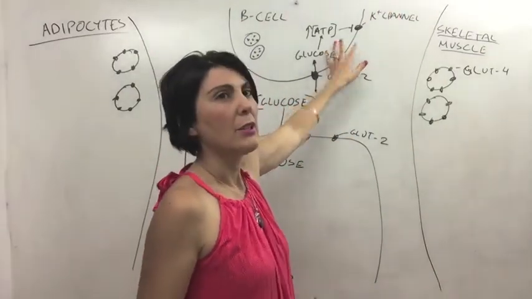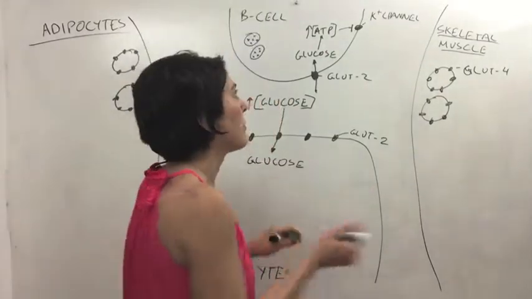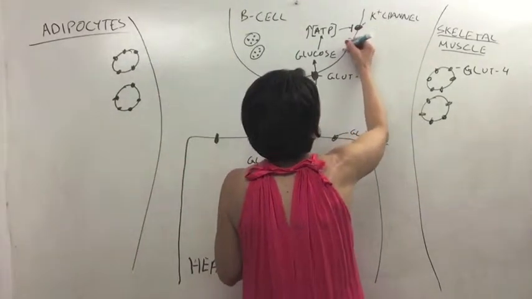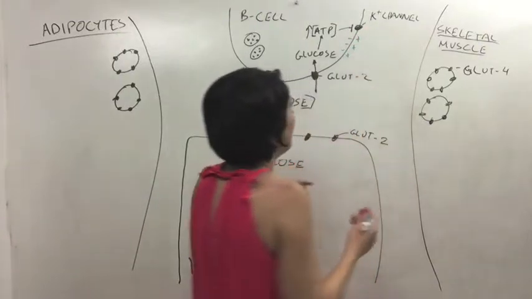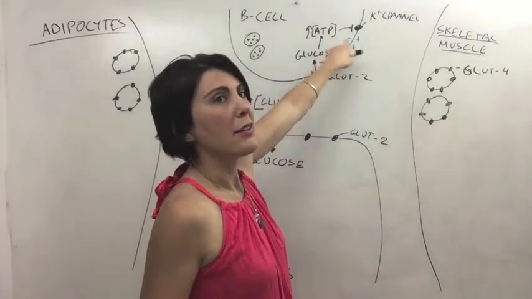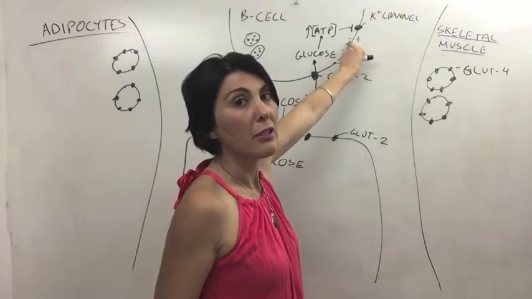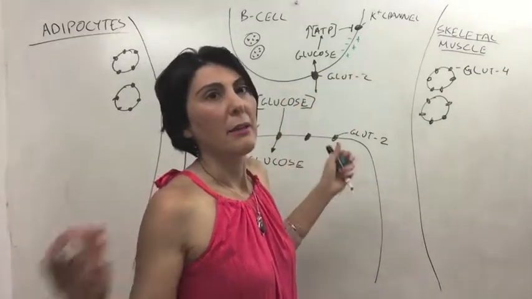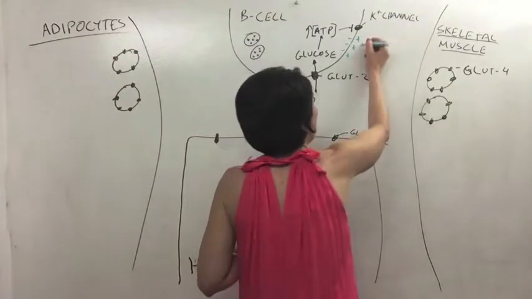Usually, in all cells of our body, there is a voltage across the membrane. So all the cells inside are negative and outside are positive. And if you were to put an electrode inside the cell and outside the cell and measure the potential difference, their voltage, you will find that it's about minus 70 millivolts, depending on the cell type.